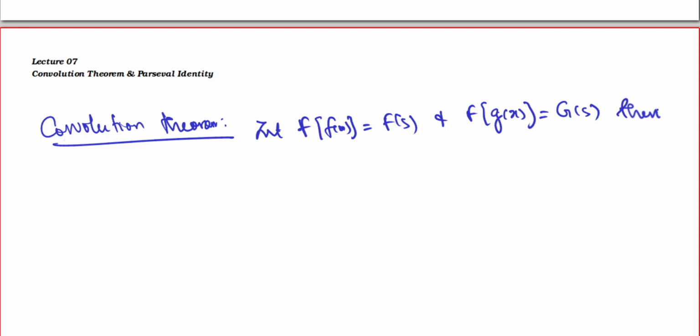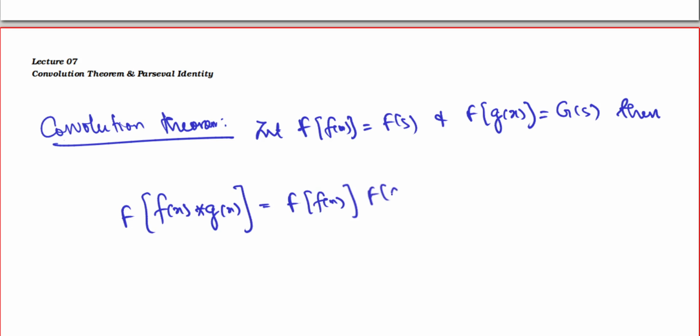Then what if you want the Fourier transformation of the convolution of f and g? Then this is nothing but the Fourier transformation of f times the Fourier transformation of g.